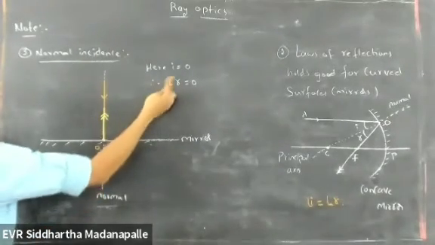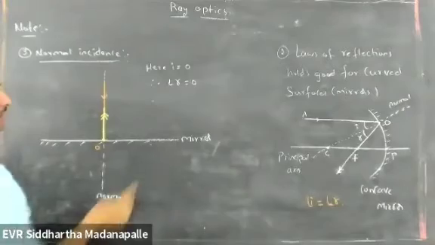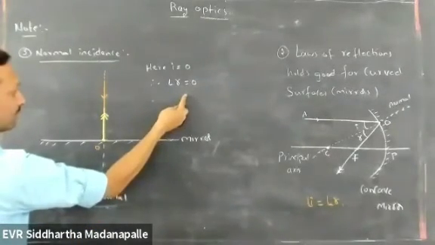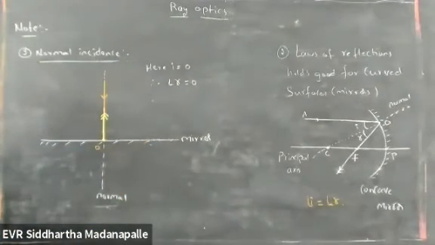As we know, according to the law of reflection, the angle of incidence is equal to the angle of reflection. So therefore the angle of reflection is equal to 0.